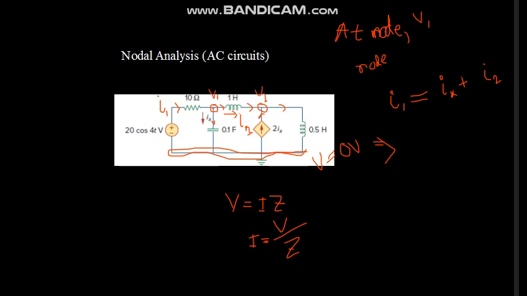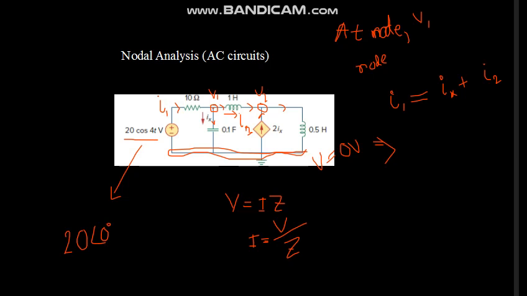At node V1, there is the 20 cos 4t voltage. First of all, transform it into a phasor: 20 at 0 degrees, as there is no phase.